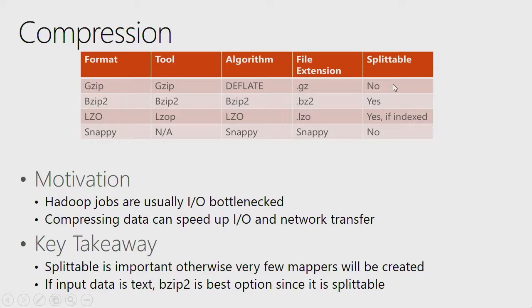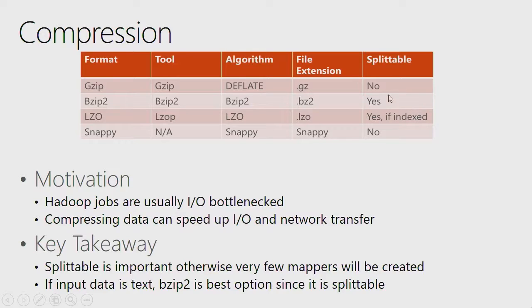So what this means is only one mapper, or a few mappers, can actually read this file, not many, because it's not splittable. If it's splittable, it'll allow multiple mappers to read it, and as we learned before, the more the mappers in general, the more the parallelism. So gzip is generally not a good idea because it's not splittable.